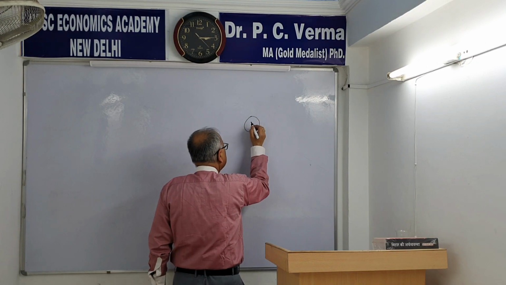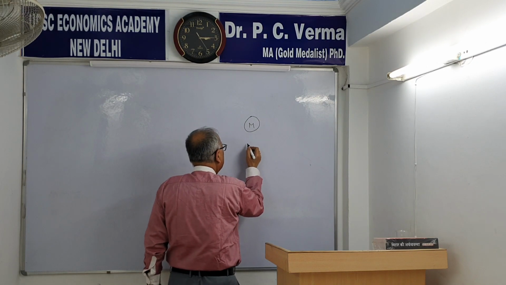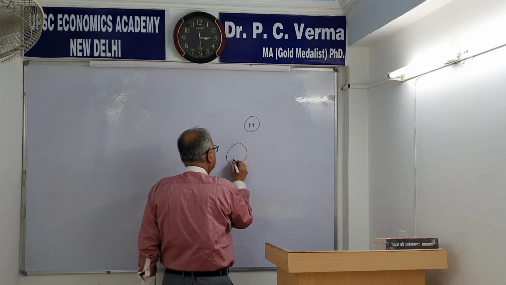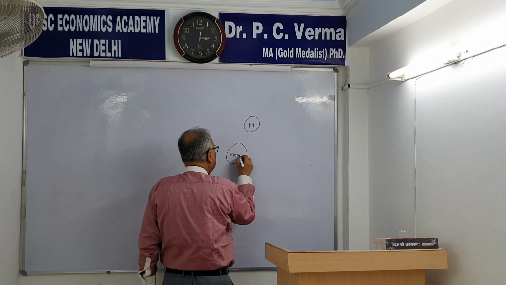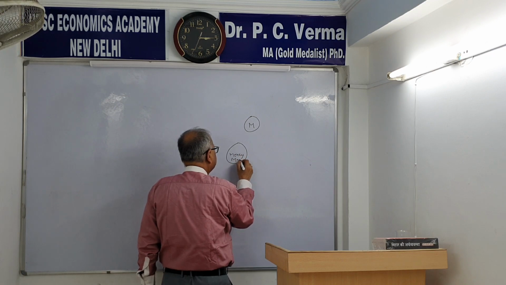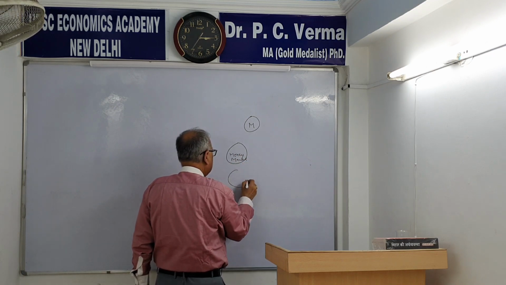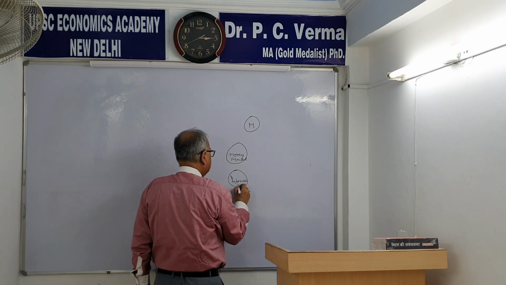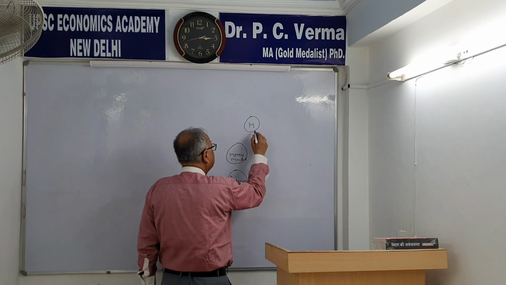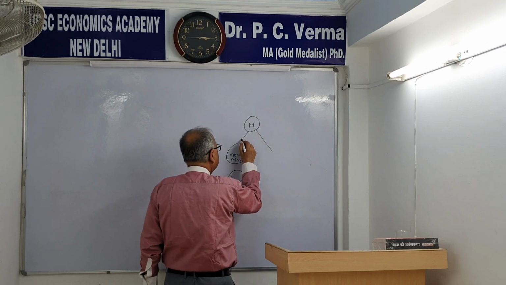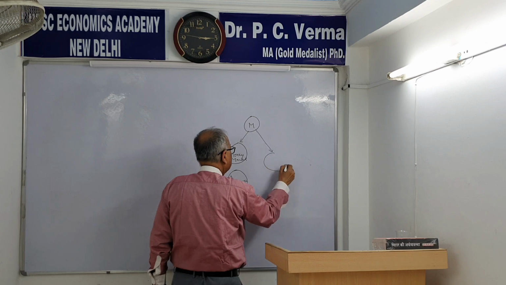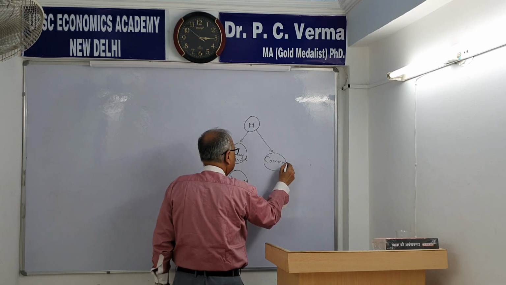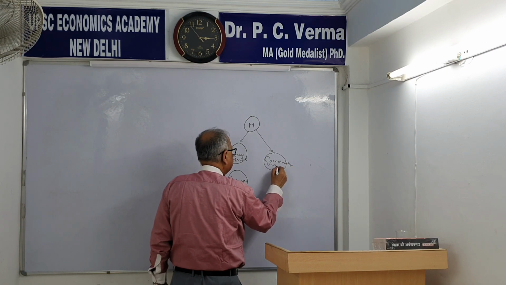that this is M. This is money market. This is interest rate. This is commodity market.